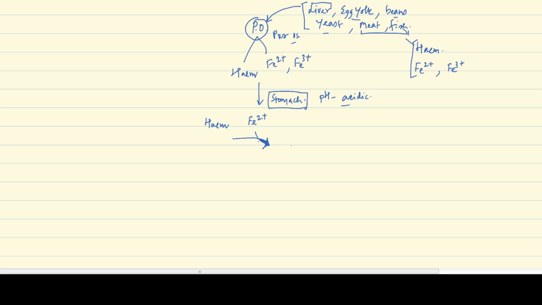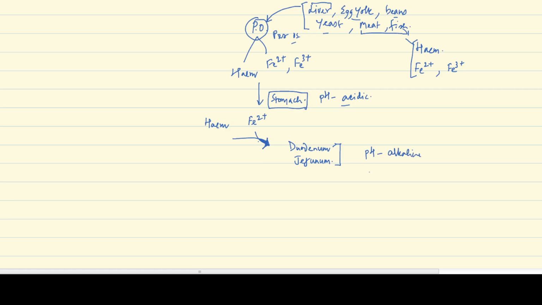From the stomach, this consumed heme and iron enters into the upper part of the lower GIT, which is the duodenum, the jejunum. Maximum absorption takes place in the duodenum. But remember, in the duodenum the pH is alkaline. Why?